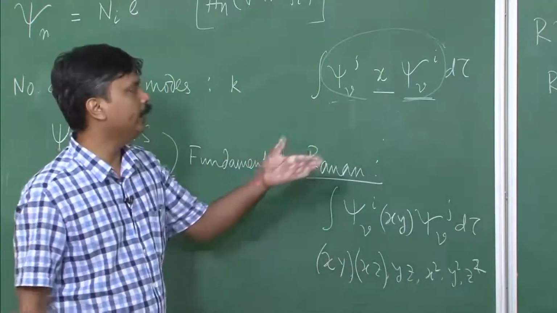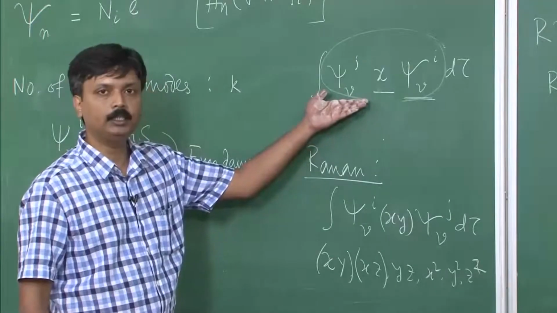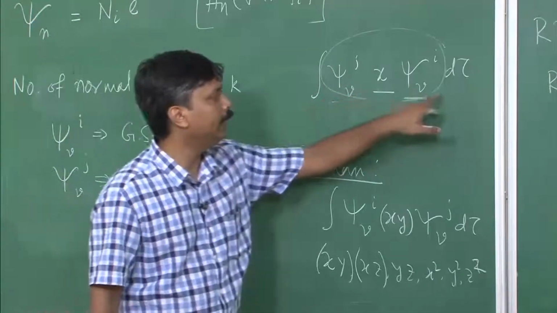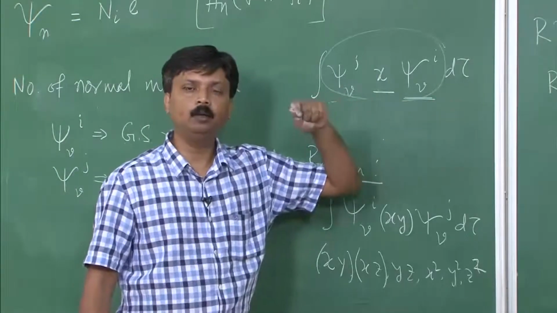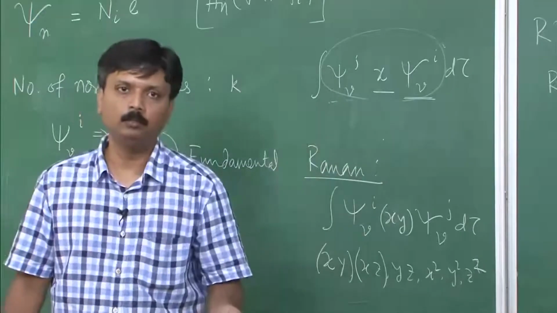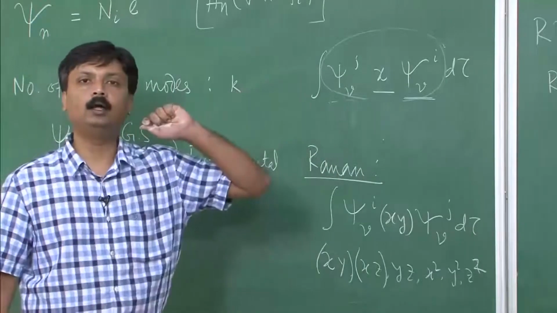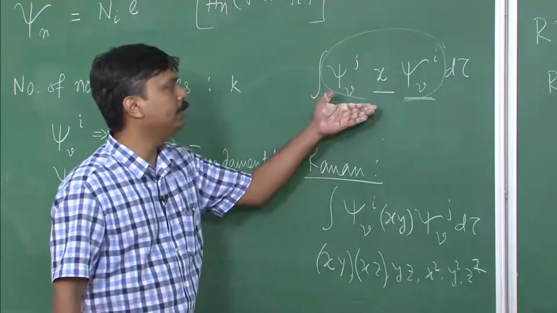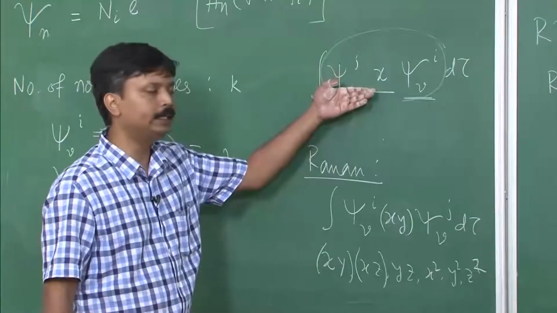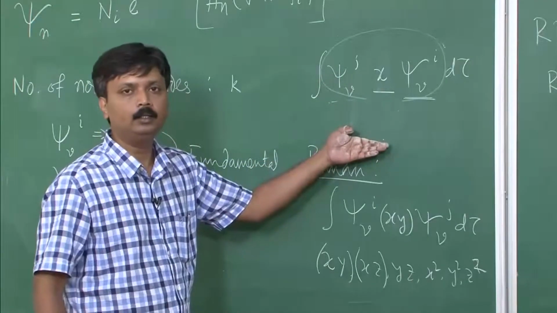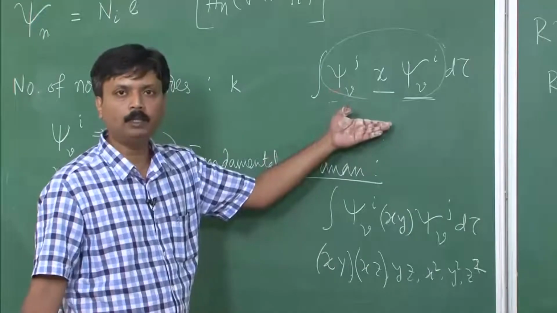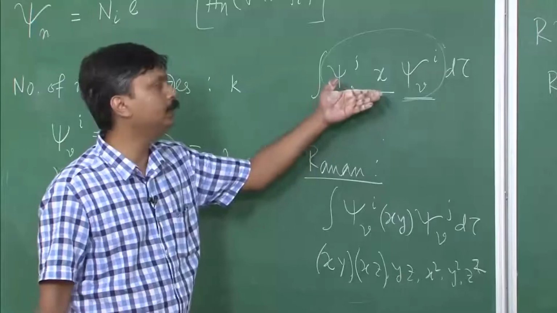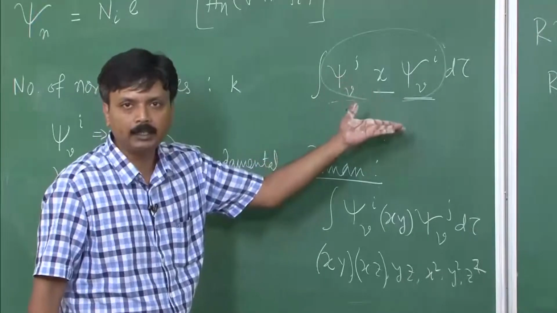And one thing here: for this kind of transition, if I am talking about the allowedness of infrared transition, I will see whether one of them, the x integral or y integral or z integral, survives, or more than one survives. It can happen that it survives in each case, or only in one case, that is x or y.